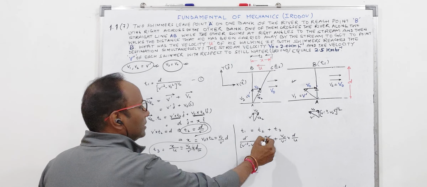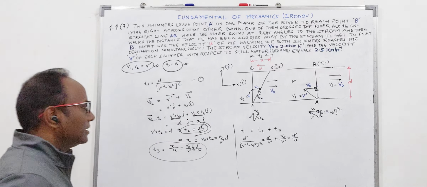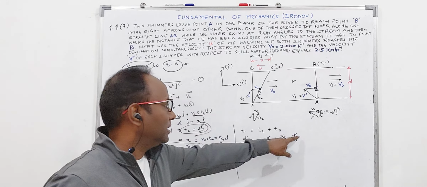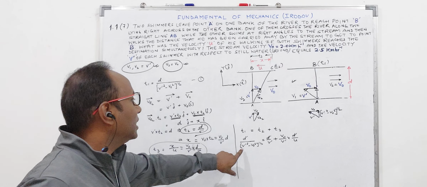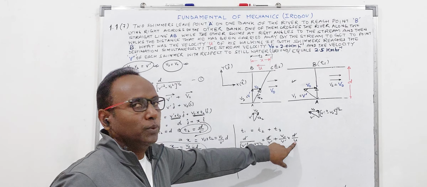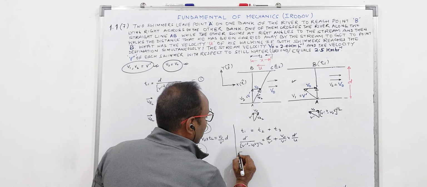Cancel out all d. So you can see now that in this equation the only unknown we have is u. It is very easy to solve this equation for u.